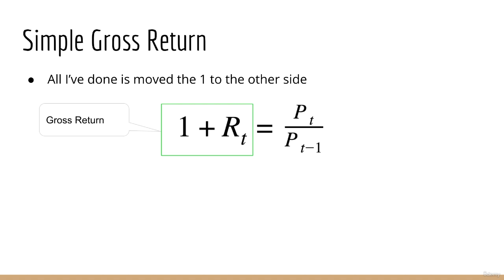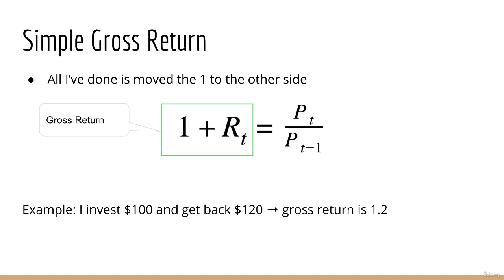Sometimes we like to express the return as a ratio of the new value to the old value. This is called the simple gross return. We don't normally have a symbol for this, but rather, we just write it as 1 plus R of t, where R of t is the net return. This is useful because it tells us relatively how much our investment has increased or decreased compared to the number 1. For example, if my initial investment is $100 and I get back $120, then my gross return is 1.2.